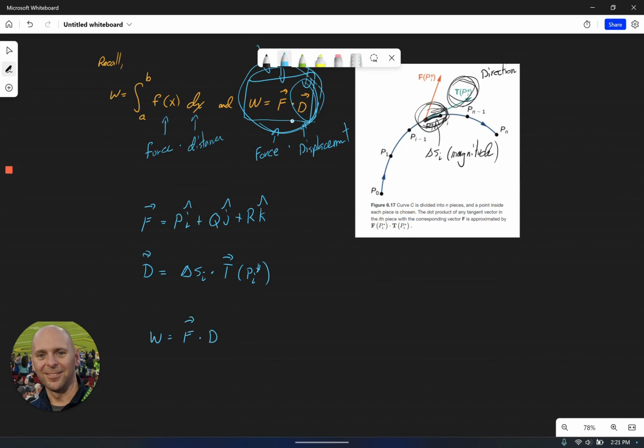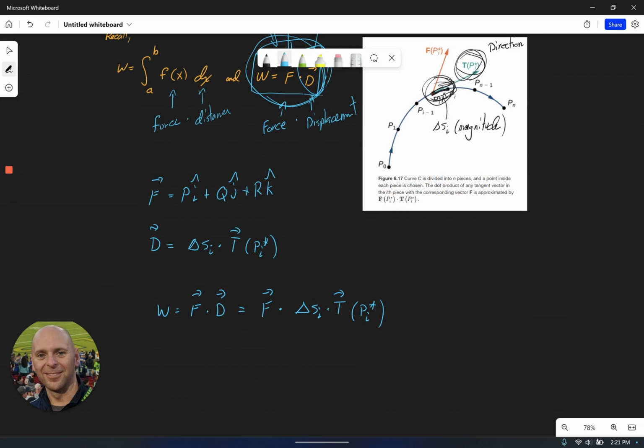So it's F dot D. The force is going to be just notated here with F, and the displacement will swap out for delta Si times the unit tangent at our sample point, Pi star. And I'm just going to rearrange this one more time, and we'll write this as F dot T of Pi star times delta Si. So again, this is a little bit of work being done over this one particular segment.